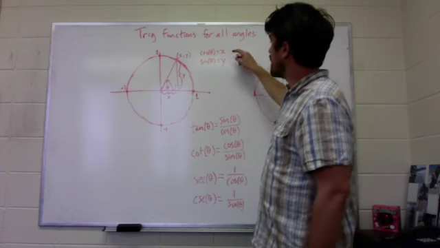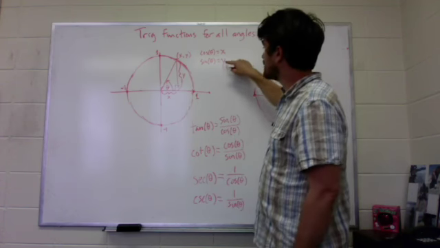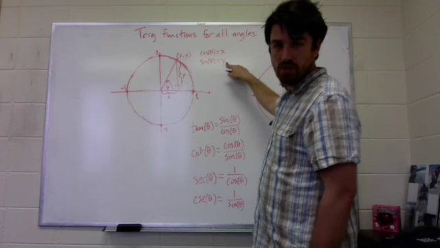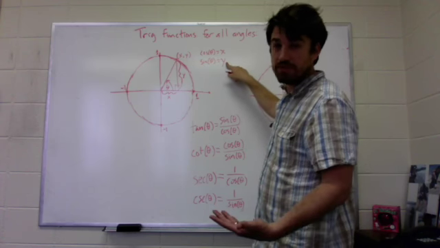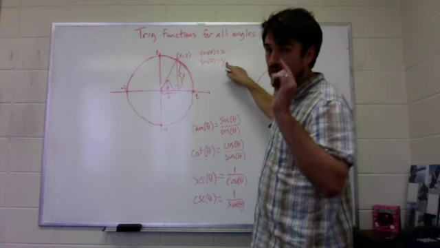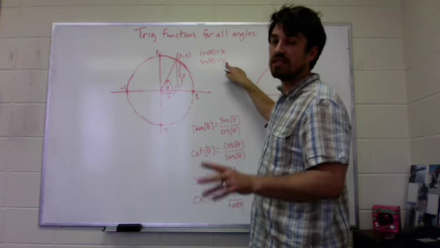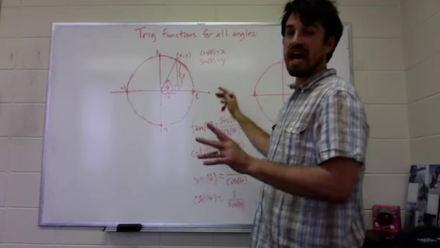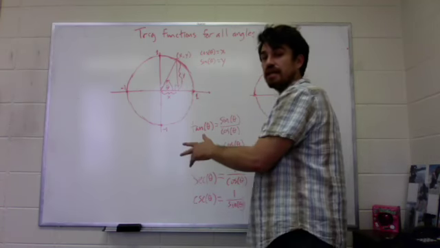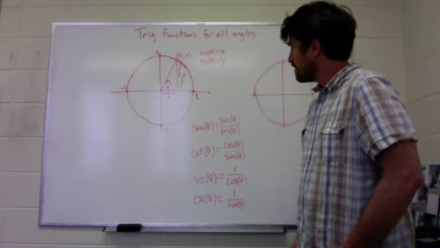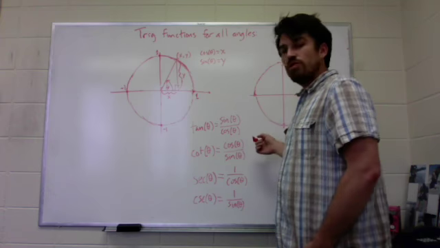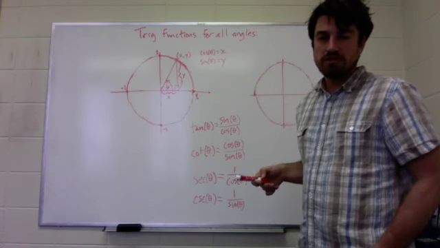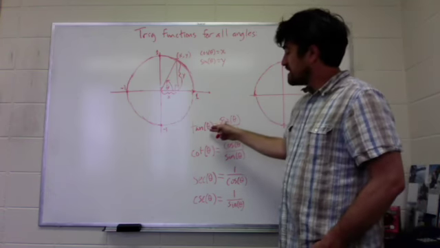So that's what I mean by writing cosine of theta is equal to x and sine of theta is equal to y. That's where these equations come from, because on the unit circle, the sines and cosines can be interpreted as actual lengths of these sides.